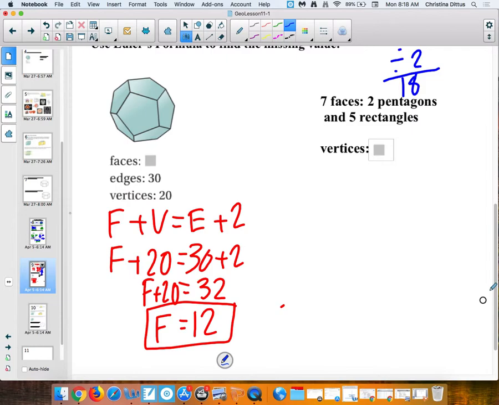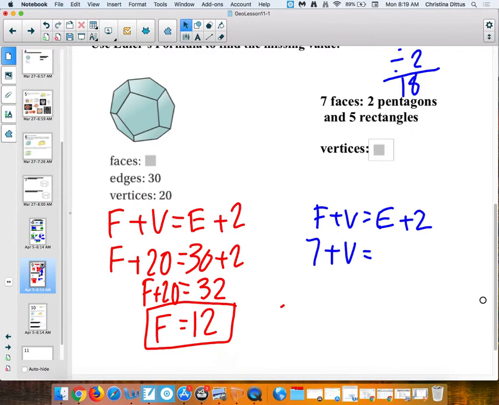So in my F plus V equals E plus 2, right off the bat, I only know one thing. What's that one thing? Faces. How many faces do I have? 7. I'm looking for vertices so I can fill in the V. To figure out edges, like I said, we're going to need that little thing that we're doing up there.